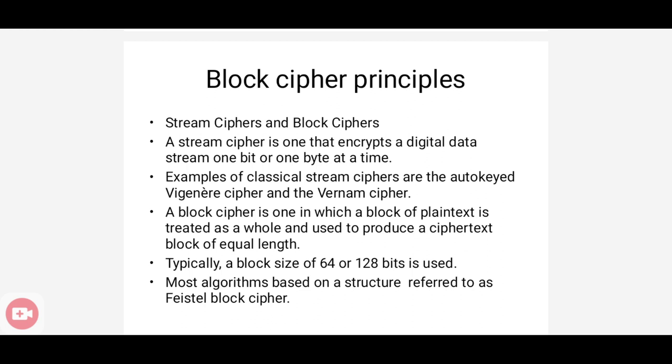So there are two types of ciphering mechanism: stream cipher, bit by bit or byte by byte, and block cipher, block by block. The general block size is 64 or 128. So what is this Feistel structure?